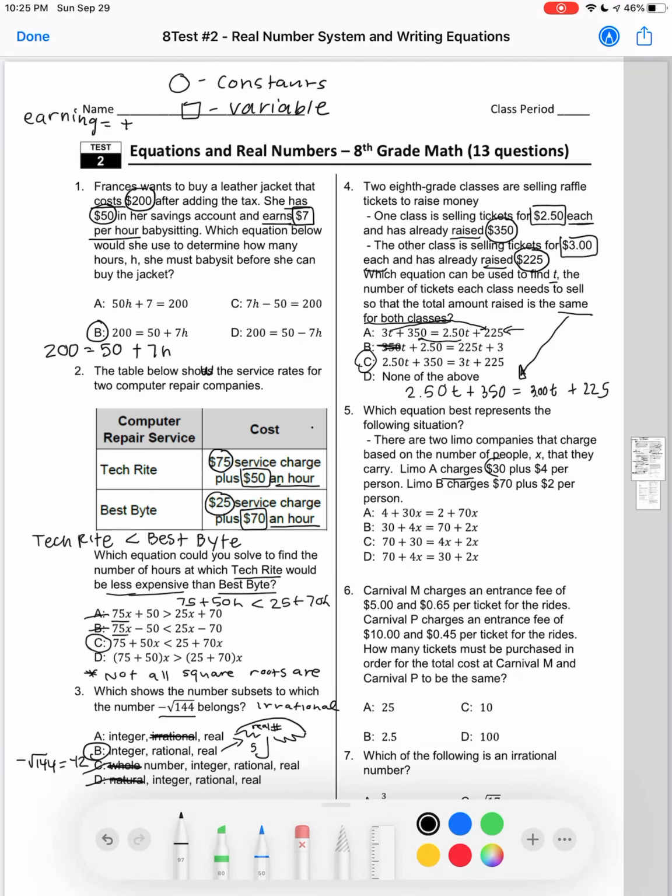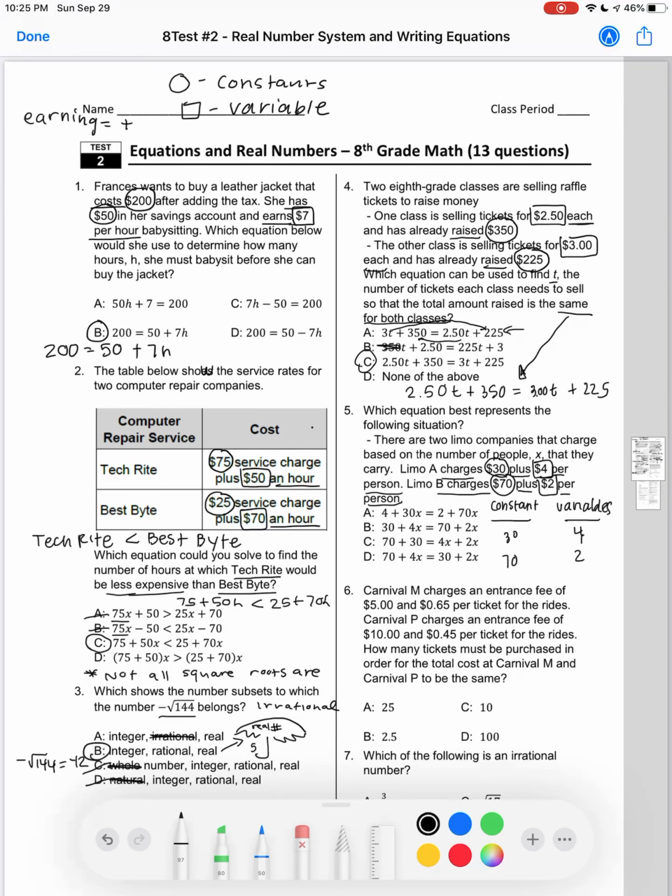Limo A charges $30 plus $4 per person. Limo B charges $70 plus $2 per person. So we have our constants, which are 30 and 70, and our variables are 4 and 2.